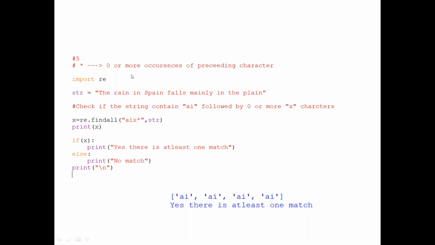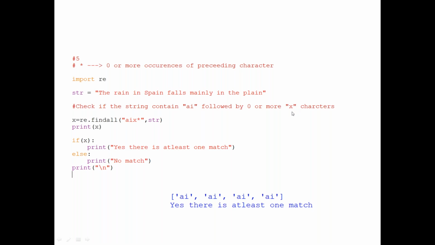Similarly, star. Star is nothing but zero or more occurrences of the preceding character. Import re, str = "The rain in Spain falls mainly in the plain". Some statement I have. Checking if the string contains a followed by 0 or more x characters, then I'll be happy.